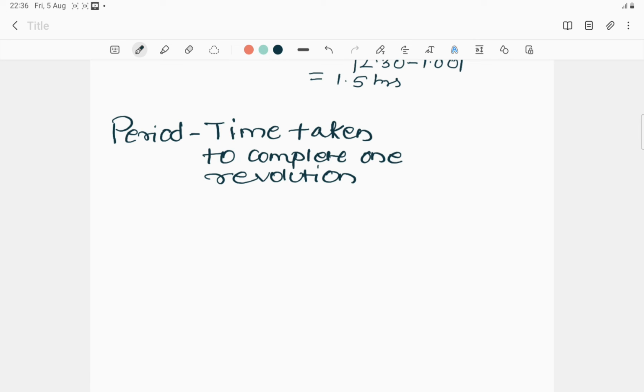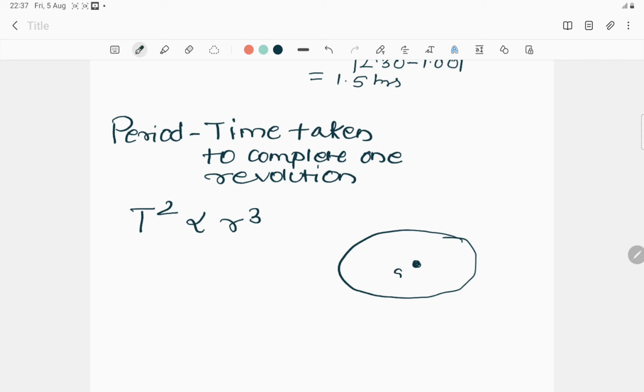Okay. So the square of that much time, I will represent it as T. It is proportional to the cube of the mean distance of the planet from the sun. Now why is this happening? Take the rough figure.